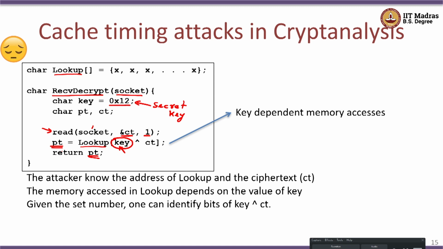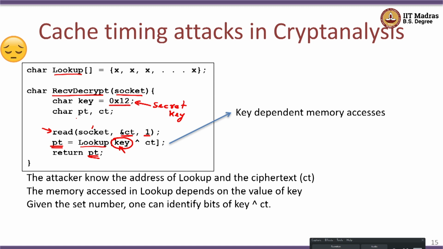Maybe it is running in parallel, or it is context switched with this particular process. And the objective of this particular application is to be able to leak out the secret key from this receive decrypt. Okay, so how do we essentially do this?